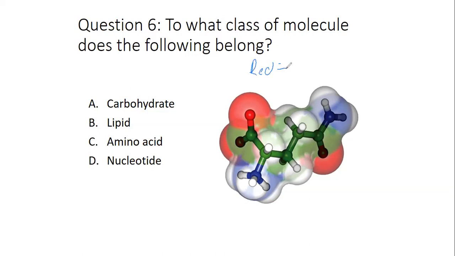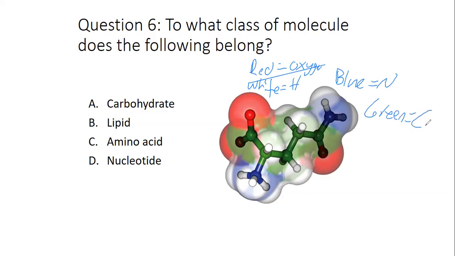Red is oxygen, white is hydrogen, blue is nitrogen, green is carbon. So that should help. Now that you have those, what are we looking at?